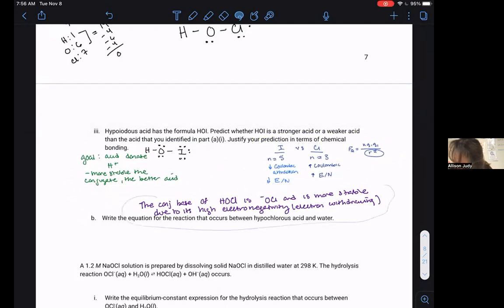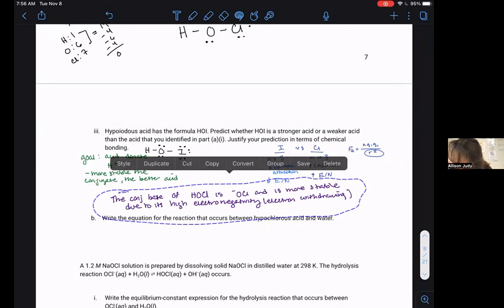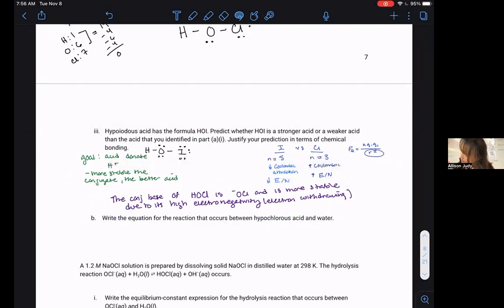Okay, so the conjugate base of HOCl is OCl minus, and this is more stable due to its high electronegativity, electron withdrawing Cl atom. And thus it will be a better acid, or a stronger acid, I guess you could say, than HOI.